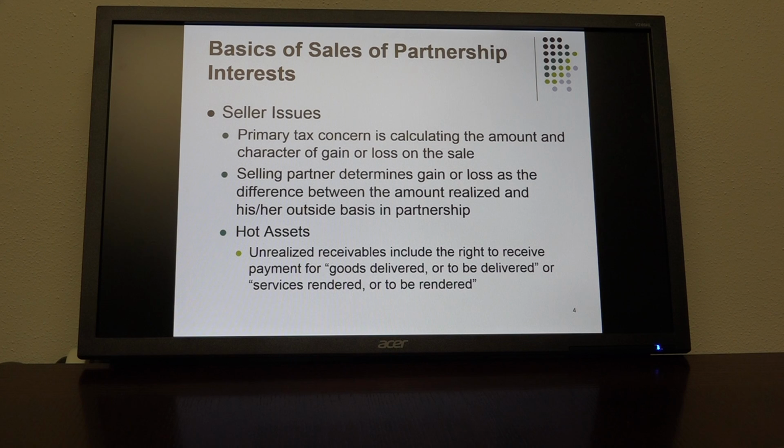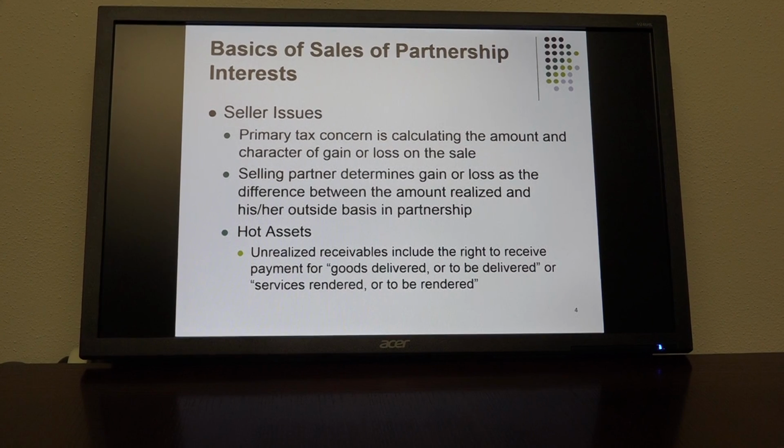So we start with seller issues, and the primary concern is calculating the amount and the character of the gain or loss on the sale. Essentially it's like anything else, it's the amount realized minus the basis, the outside basis in the partnership. And again, here we have this uniqueness of dealing with debts.